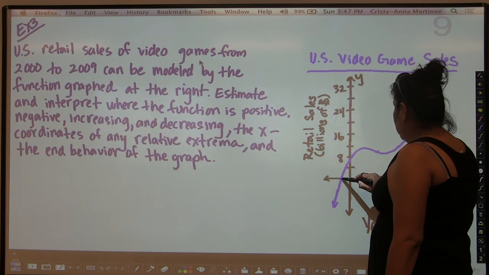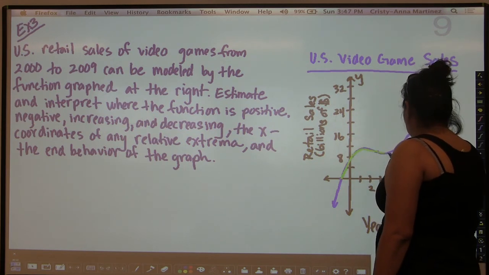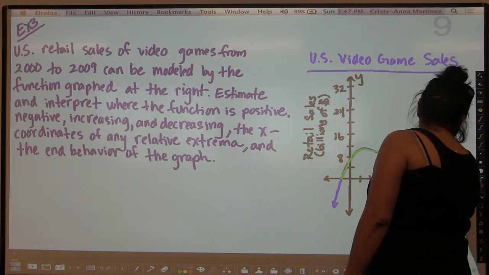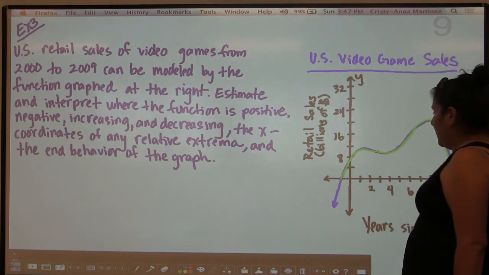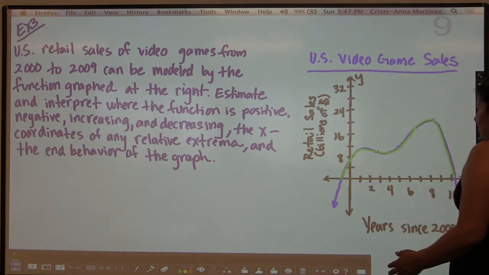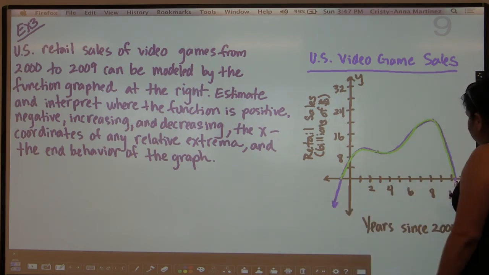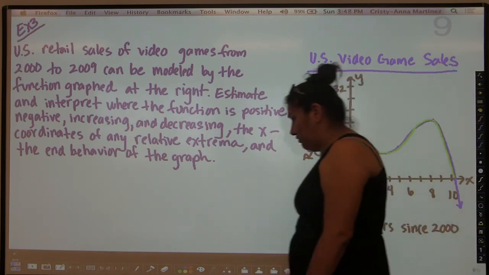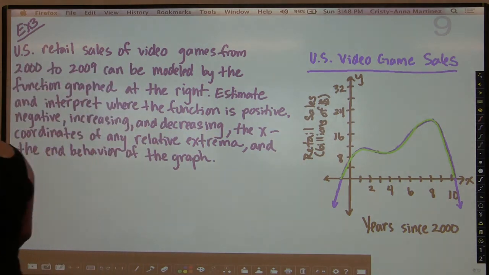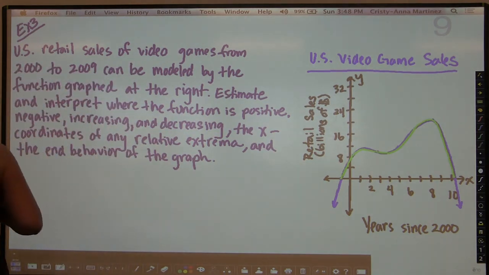So all of this part of the graph is above the x-axis. So the graph is positive from roughly -1 all the way to almost 10 point something, 10.3. To be clear, this graph can be found on page 58 in your textbook, and they have a more accurate looking graph.